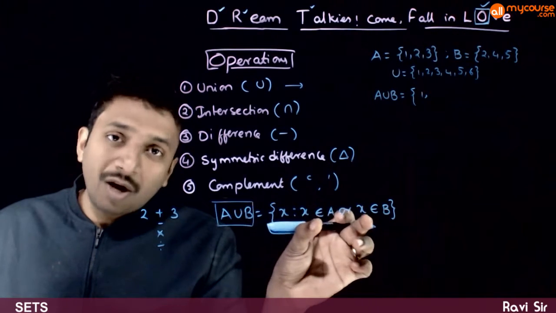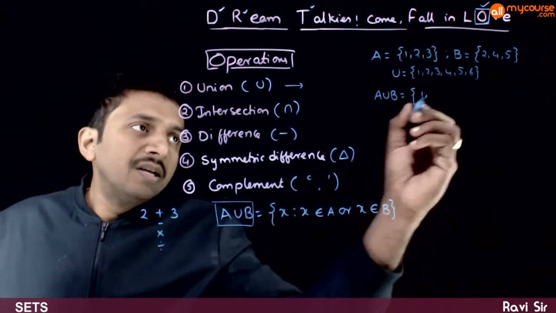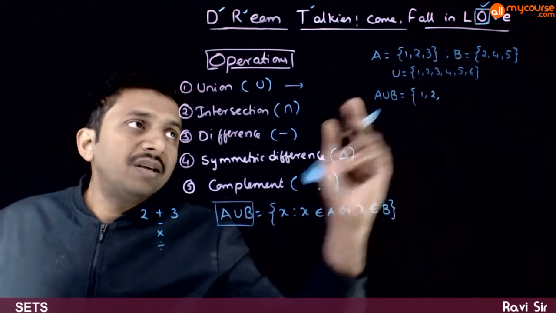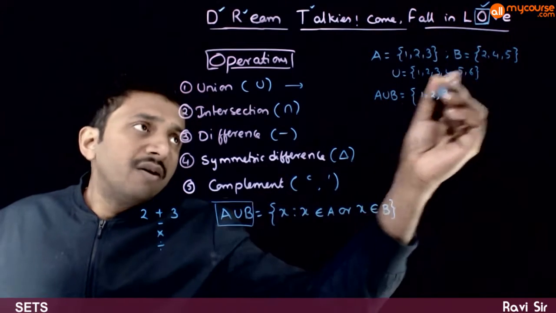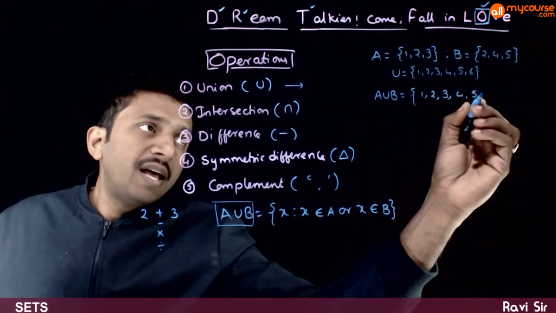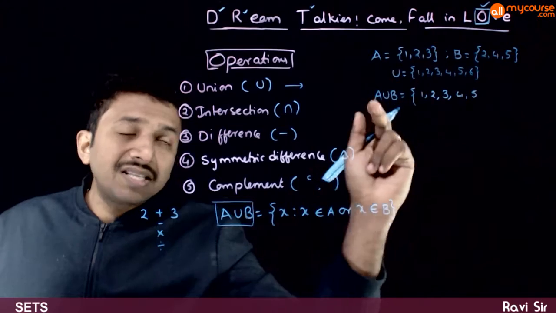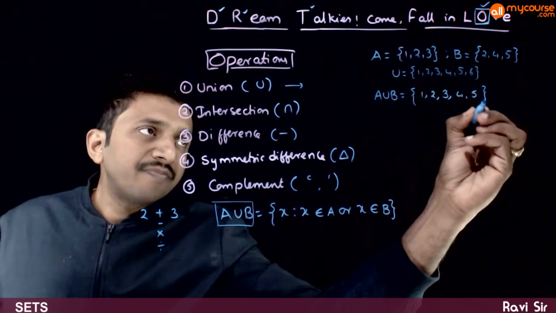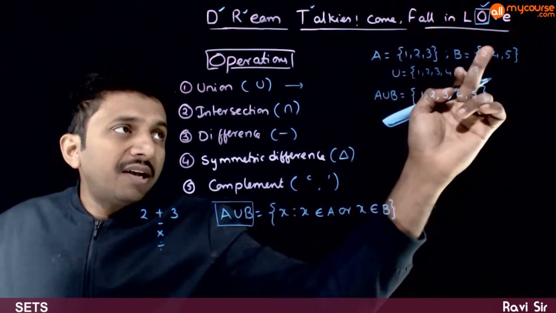Or means it can belong to either one or both of them also. So 2 also belongs to A union B. 3 also belongs to A union B. 4 belongs to B, and 5 also belongs to B. And if you take 6, 6 does not come in A union B because 6 neither belongs to A nor to B.